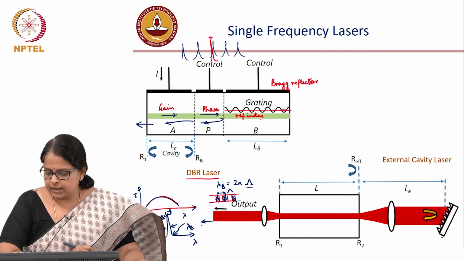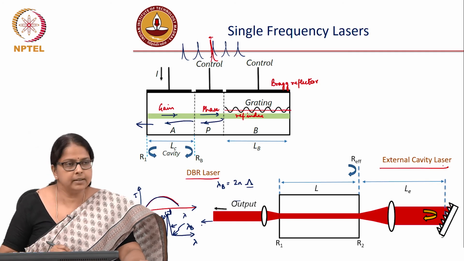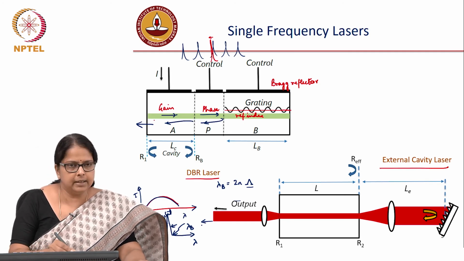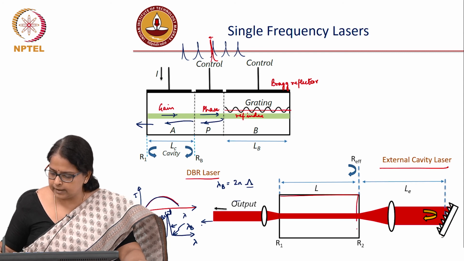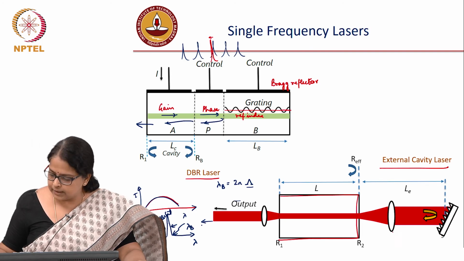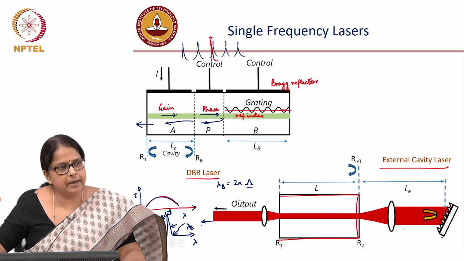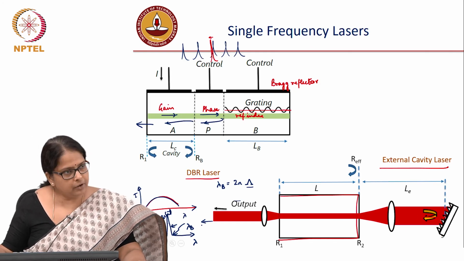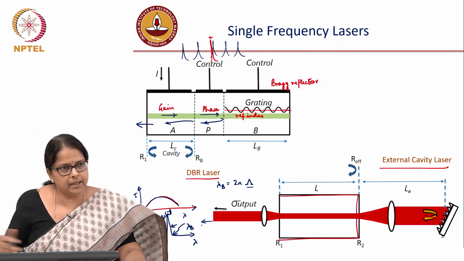Another popular structure is called the external cavity laser. Here the cavity is internal, whereas in the external cavity laser you have the laser, which is your gain medium. You take the light out of the laser and focus it with a lens on a grating. Depending on the angle at which light falls on the grating, it picks a certain color, and the picked color gets reflected.